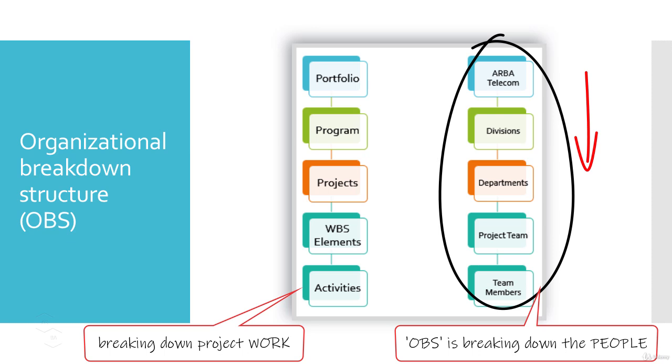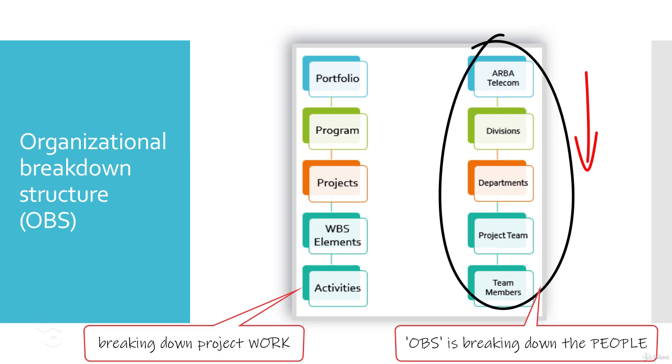And after that, we have team members who are actually working on these individual activities to complete the work of WBS elements or work packages that are also called deliverables or end results. In other words, OBS breaks down the people, and these team members are the ones who actually will be doing the work and will complete every project activity as per the project requirements.